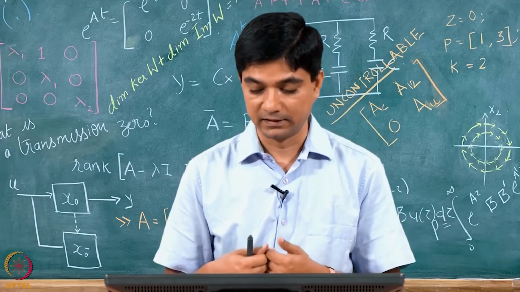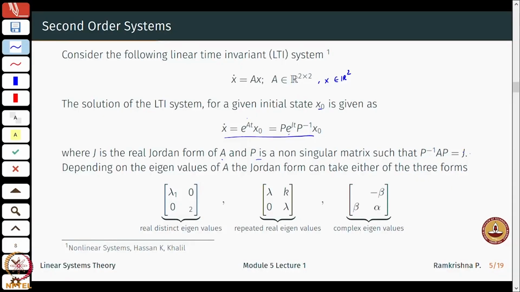In this case, essentially it will take 3 forms. First is when the eigenvalues are real and distinct. The Jordan form will just be a diagonal, with lambda 1 and lambda 2, which means that the eigenvalues are just lambda 1 comma lambda 2. In this case, I will realize a nice natural diagonal form.